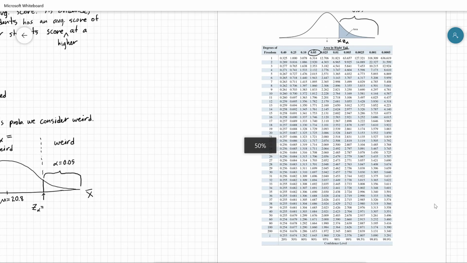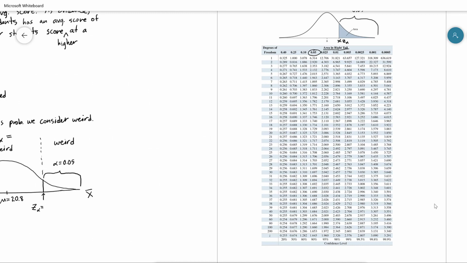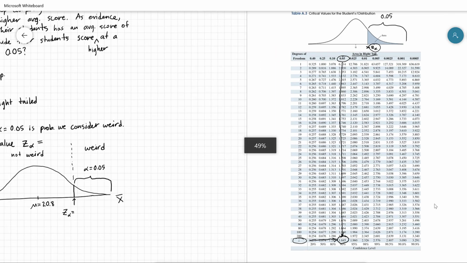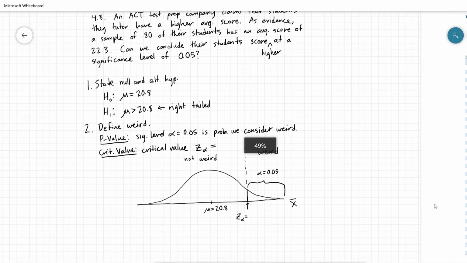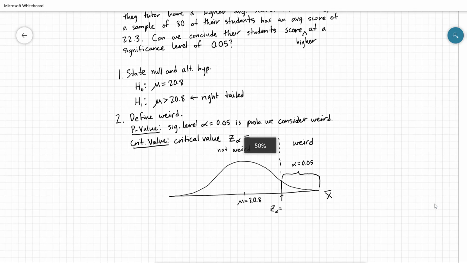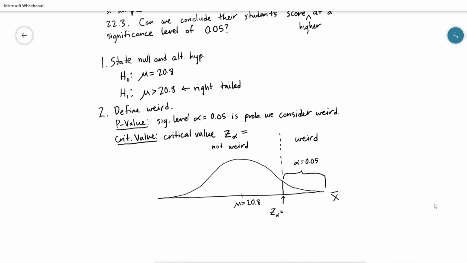Let me zoom this out a little bit. Labeled z, because again, we're dealing with a z-score, not a t-score. And so that tells me the number that I'm using is right there, 1.645. And that's how we use that table. So real quickly, this number is 1.645.